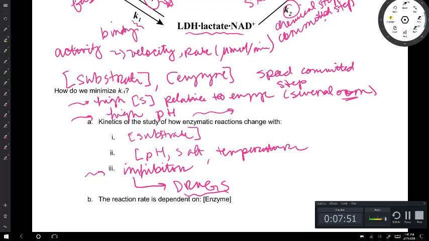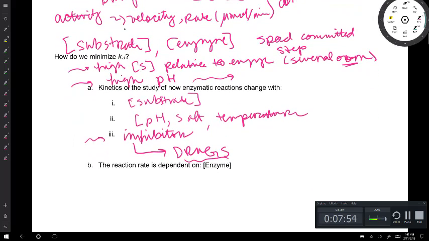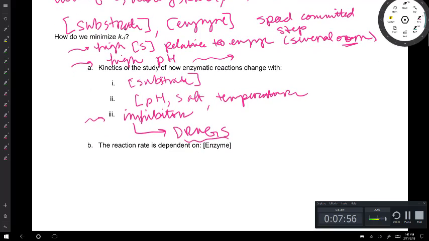The rate of a chemical reaction is dependent on many different things, and one of those things is the concentration of an enzyme.